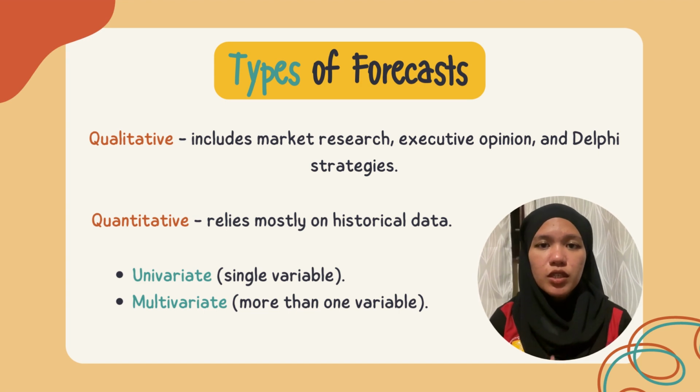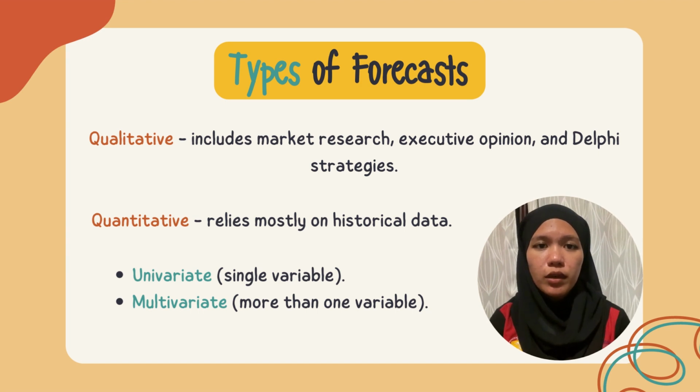The first is univariate, which is based on a single variable. There are several different statistical models that are often called on to parse patterns in the data, such as Box-Jenkins, linear trend analysis, exponential smoothing, moving averages, least squares, and many others. Meanwhile, multivariate uses more than one variable to help better explain or model the past to make more accurate forward projections about the future.